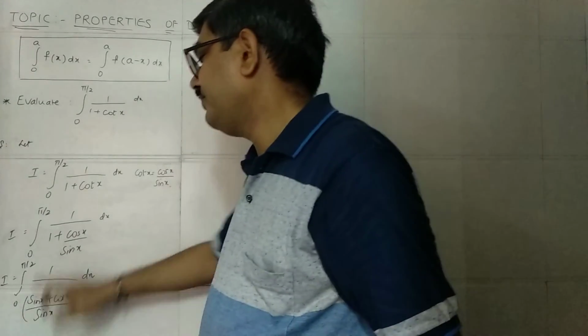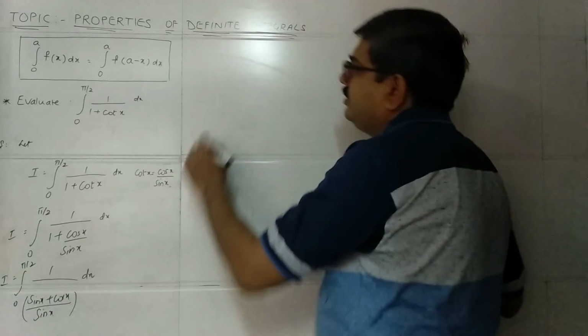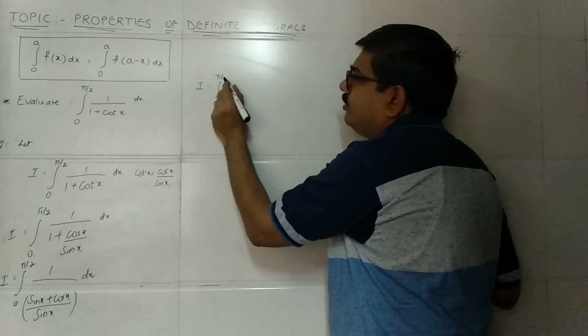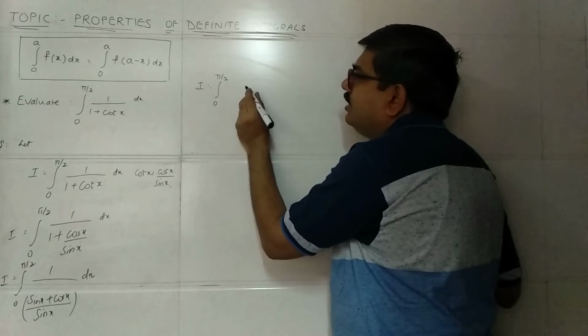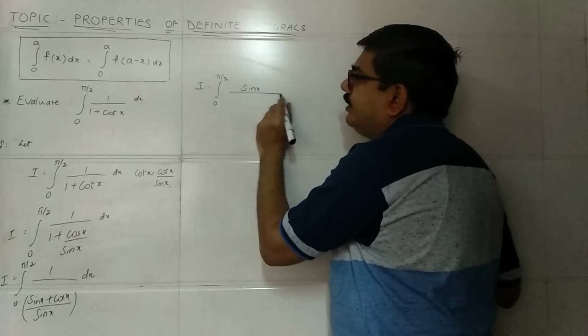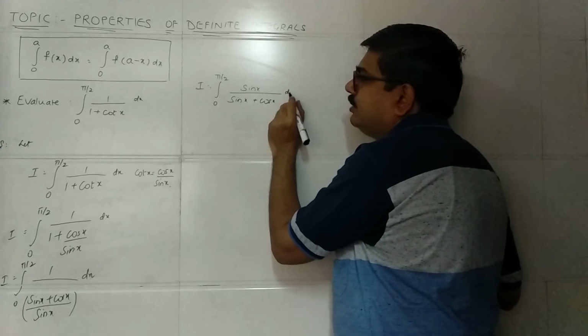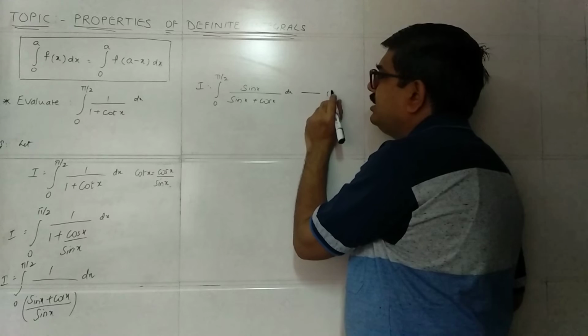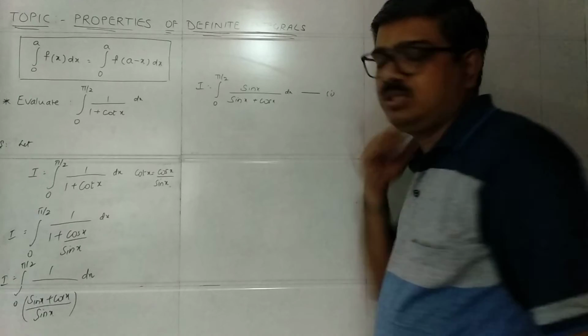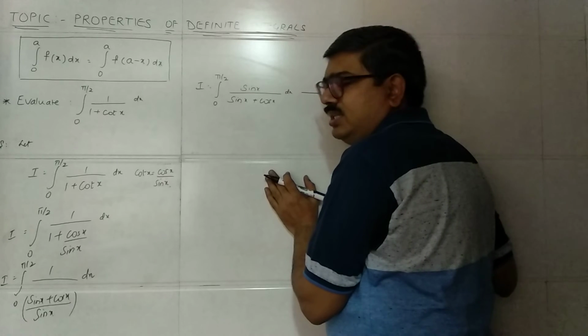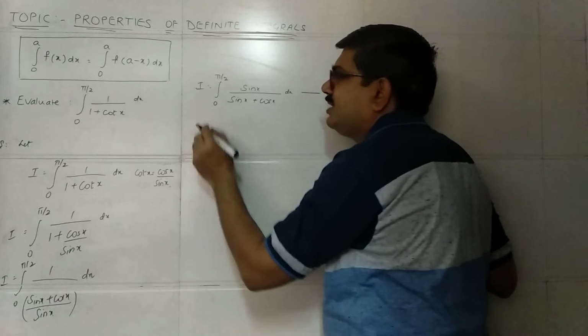This sin x will go in the numerator, so you will get I is equal to integral 0 to pi by 2, sin x upon sin x plus cos x. Now let us consider this as equation number 1. In equation number 1, in this integral, now we will apply this property.